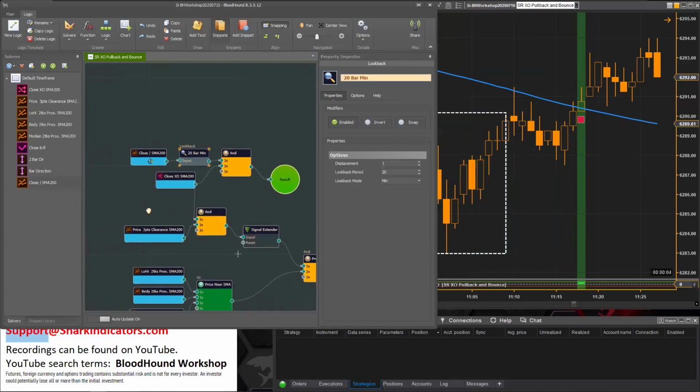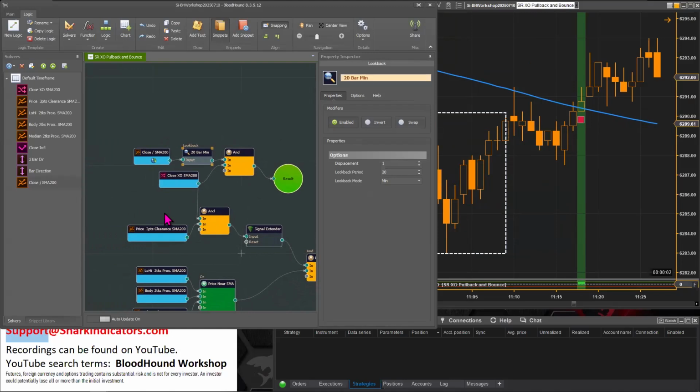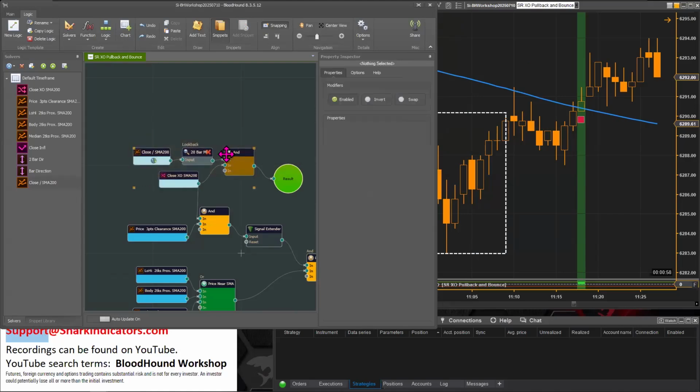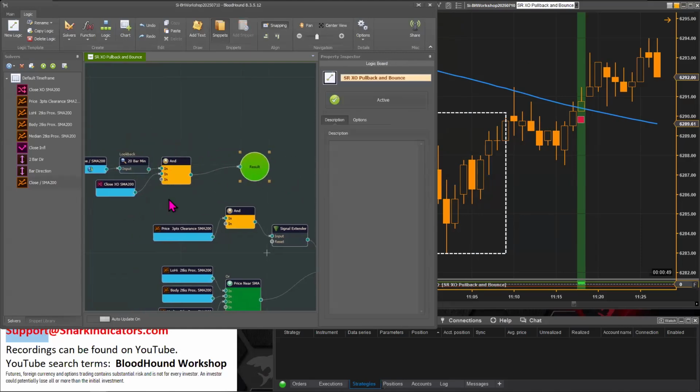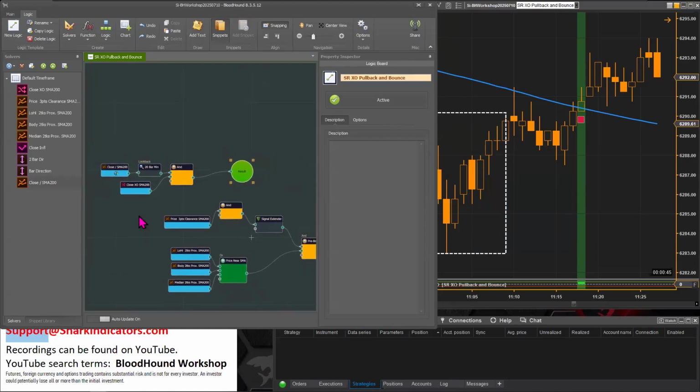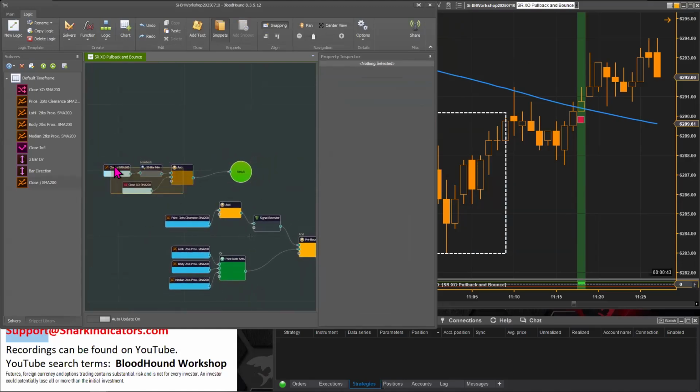Okay, so we're going to connect that in, disconnect that. Now we're going to make a significant change here, or at least a moderate change.